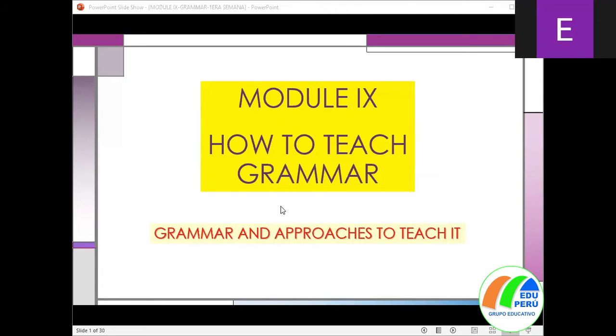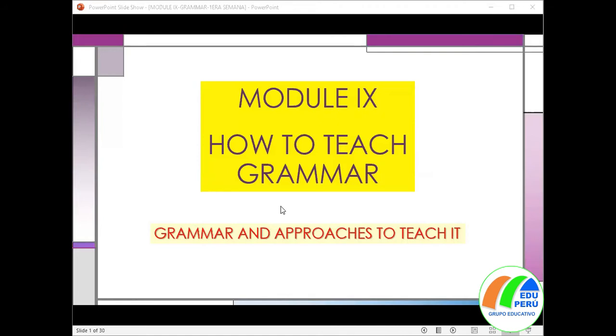Okay, all right. So as you can see here on the slide, we are starting a new module. This is one of the last modules, module 9. Remember that this specialization has just 10 modules, so we're just getting to the end of this program.